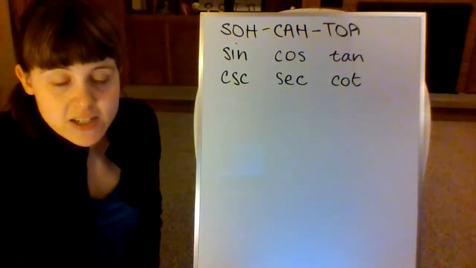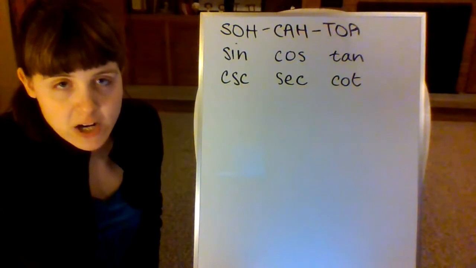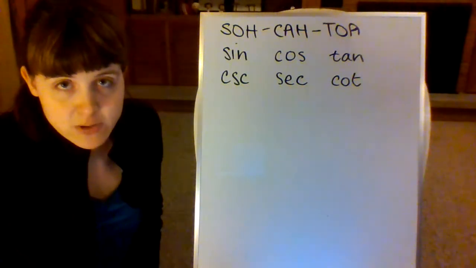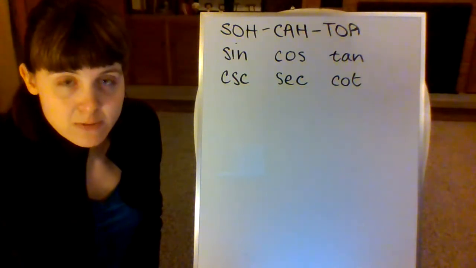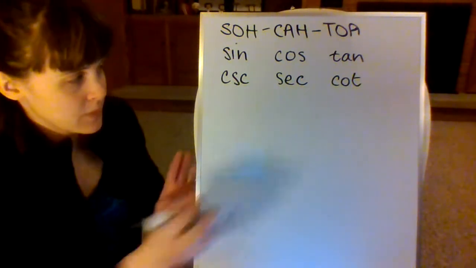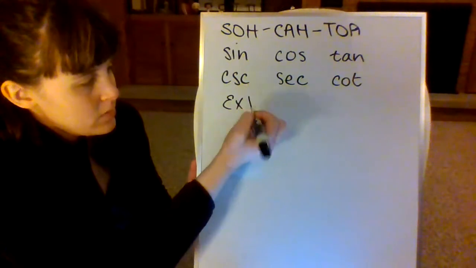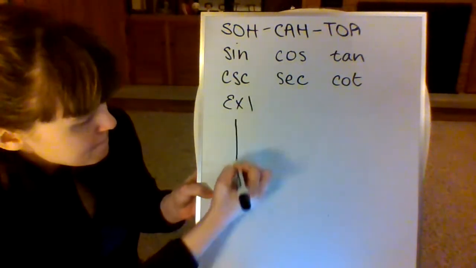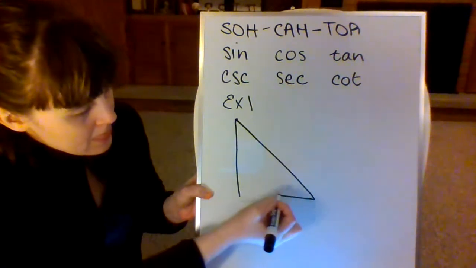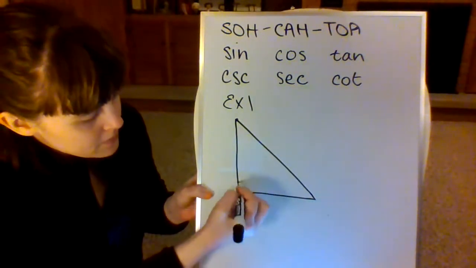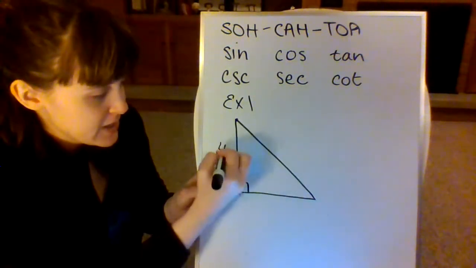Okay, so our first example, we're going to have a right triangle, and the three sides are going to be given to us. And we have to write the fractions for the 6 trig functions. Okay, so it looks something like this.